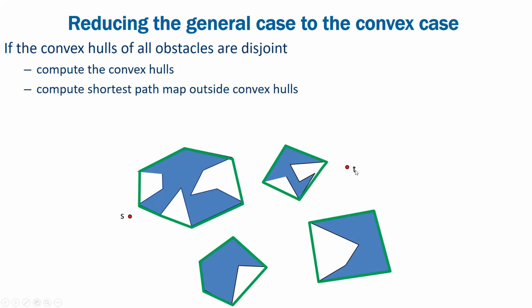If T is outside the convex hulls, then the shortest path from S to T is also outside the convex hulls. Therefore, we compute the shortest path map from S outside all convex hulls. This is the convex case, so we apply our convex case algorithm.